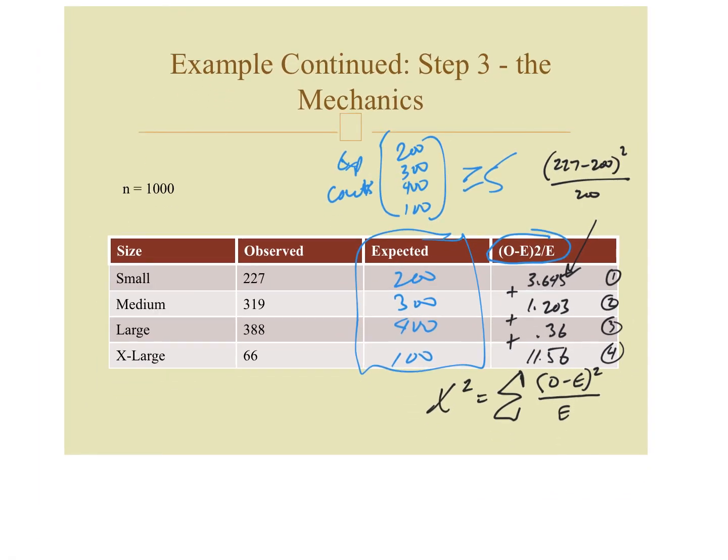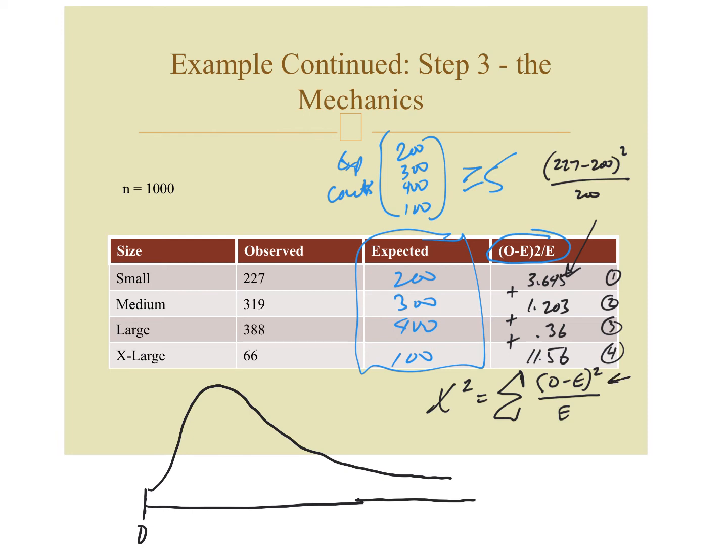So here's what's happening. On this particular problem, this is a chi-square goodness of fit test, and the chi-square curve looks something like this, actually. It's skewed to the right. And skewed to the right has to do with the idea that you can't get a negative number here because you're squaring this numerator, and the expecteds are always going to be a positive value.